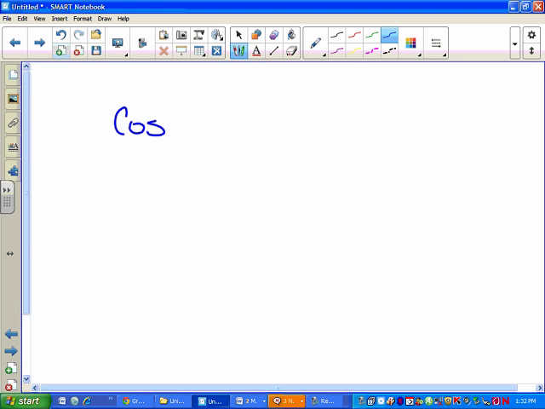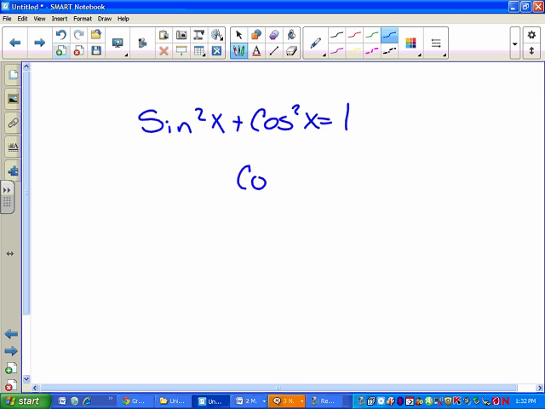I'm going to start with sine. If sine squared x plus cosine squared x equals 1, then what would cosine squared x equal? Well, if I subtract the sine across to this side, cosine squared x would equal 1 minus sine squared x. So that's just another version of the same thing.